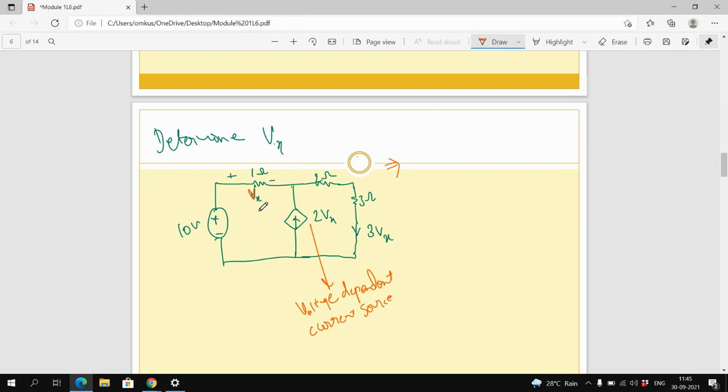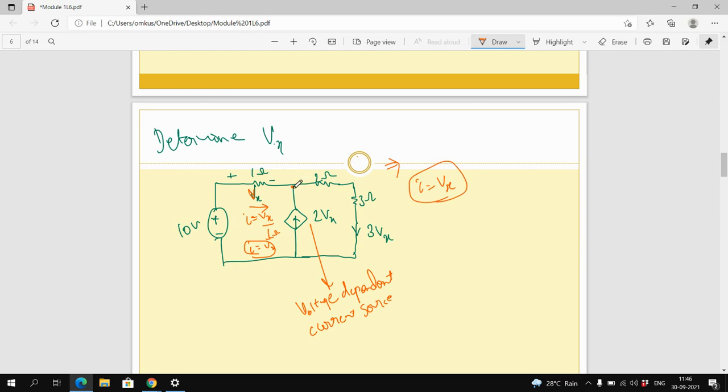Then what is the current flowing in that? Vx is equal to I into R. So what is the value of I? I is equal to Vx by R. What is the value of R? It is 1 ohm. So I is equal to Vx.